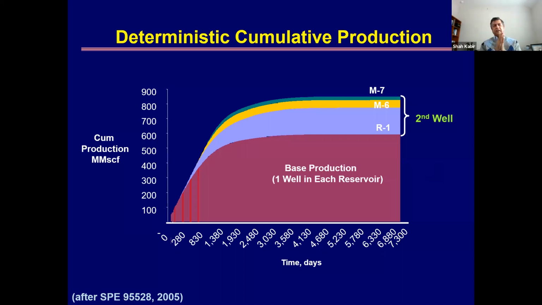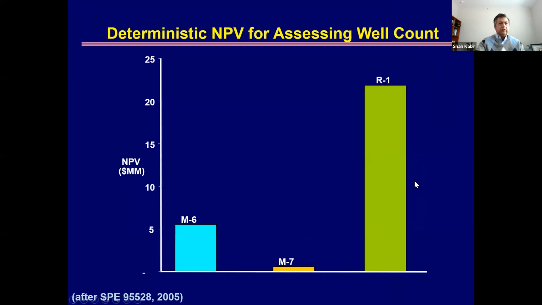Then we said, okay, let's get into the probabilistic approach, because that way you can get the whole picture in an unbiased fashion. Before we do that, this is the simple NPV calculation for all reservoirs.